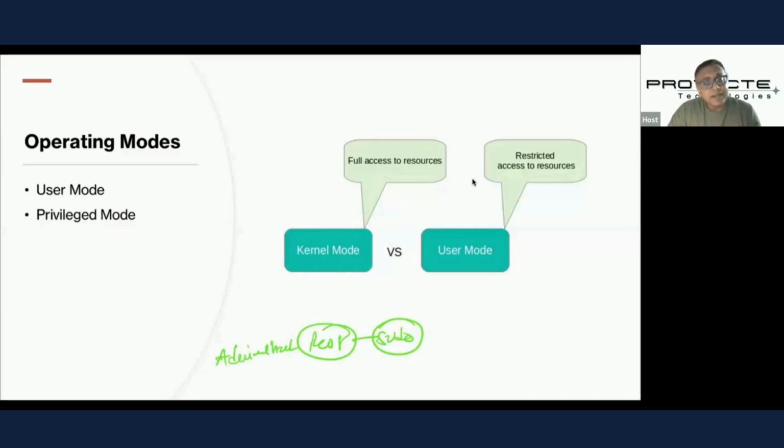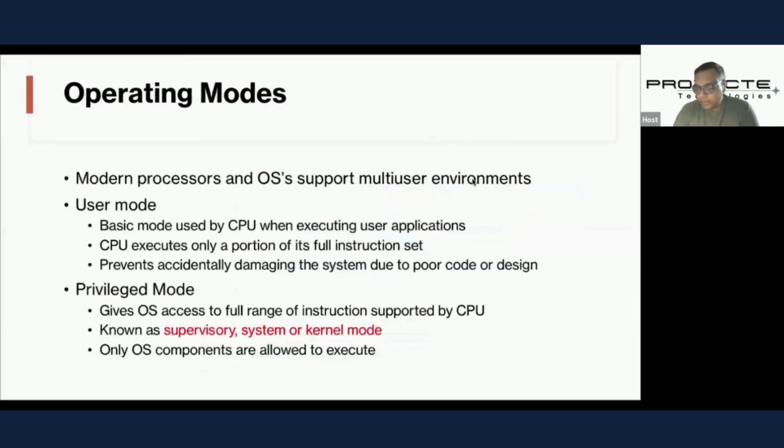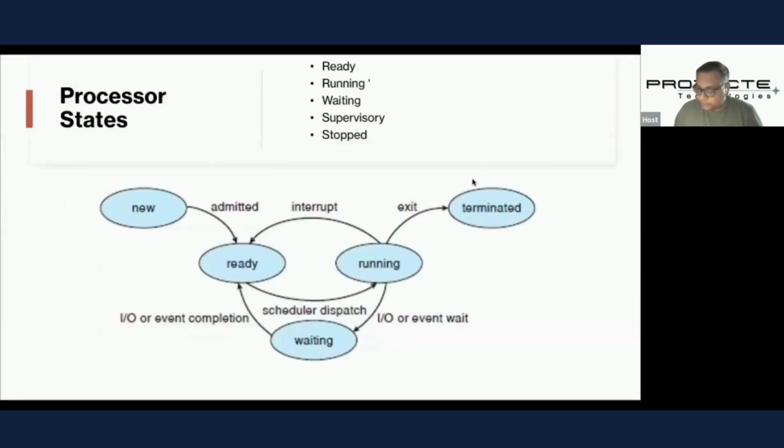What it gives is the access to do some privileged activity on the system. User mode has restricted access, wherein you can just run the system and do not have the permissions to modify it.